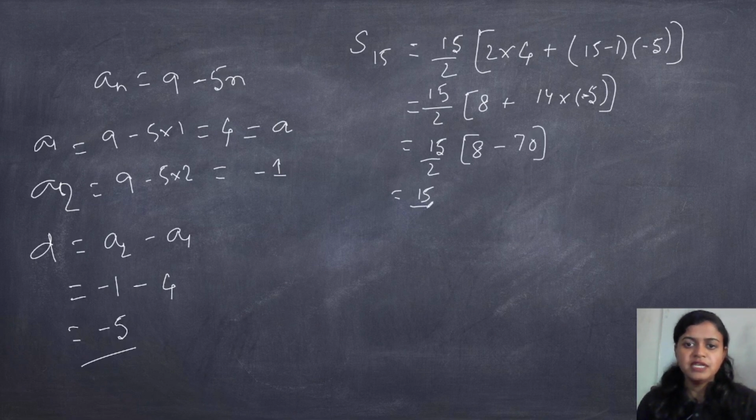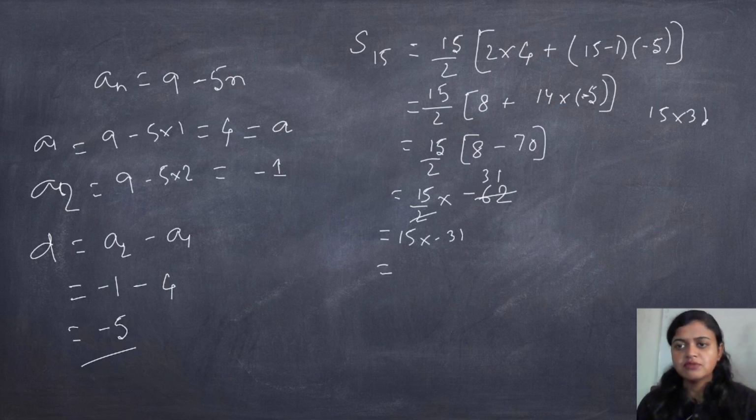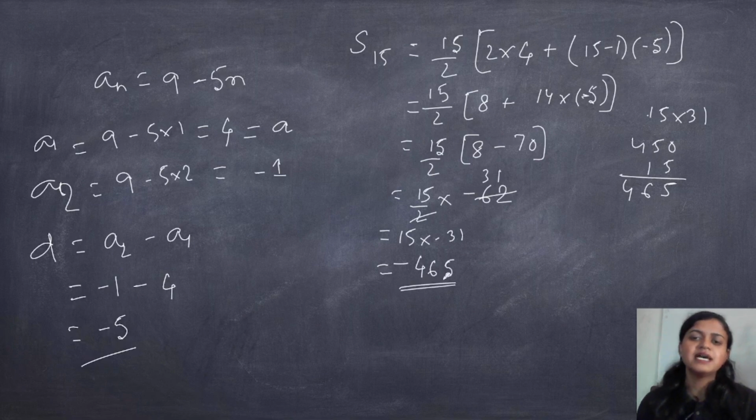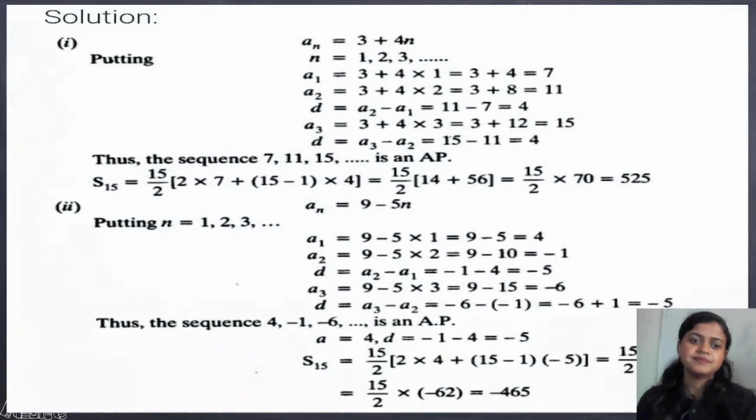So 15 by 2 into minus 62. If I cancel out 2, 3 twos are 6, 2 ones are 2, that is 15 into minus 31. So we apply this trick: 15 threes are 45 and 15 ones are 15, so minus 465. This is the answer.